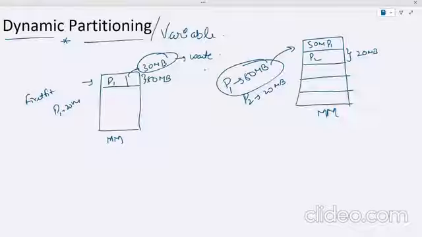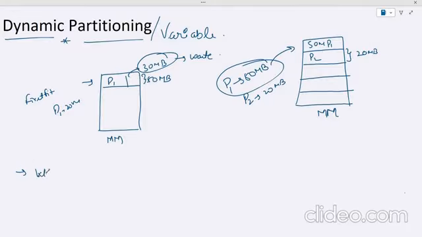So to overcome internal fragmentation, we have a concept called dynamic partitioning, where main memory, basically the operating system, allocates only as much space as is needed for the process. Whenever a new process arrives, a new partition equal to the size of the process is created and allocated to that particular process.